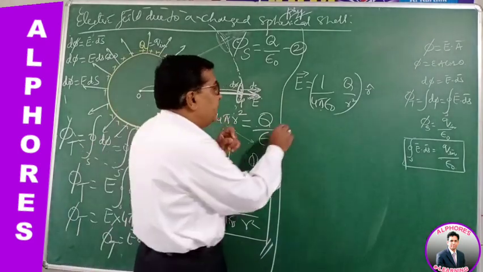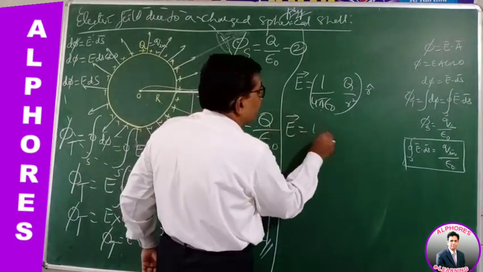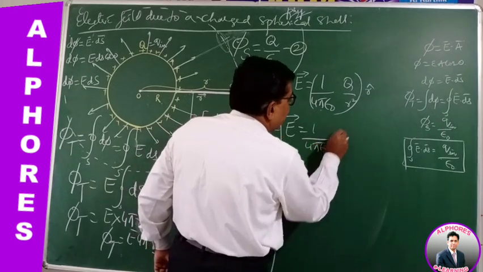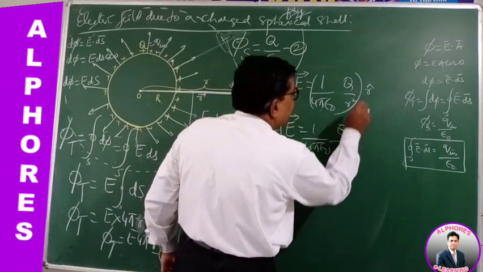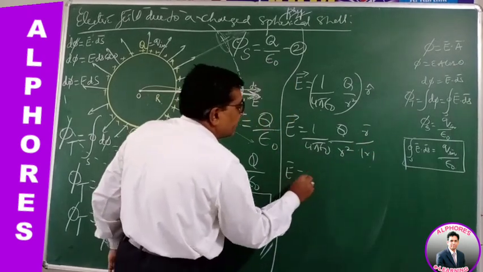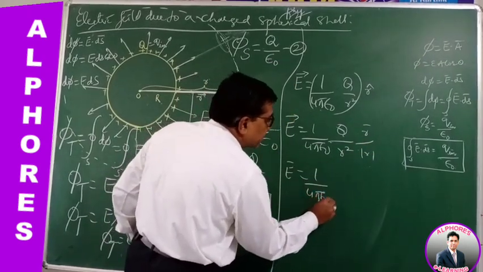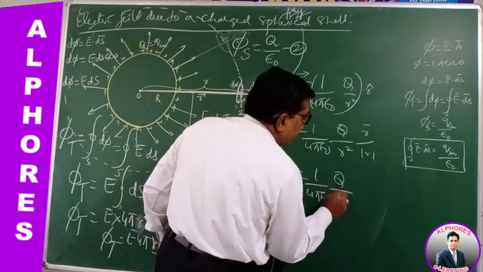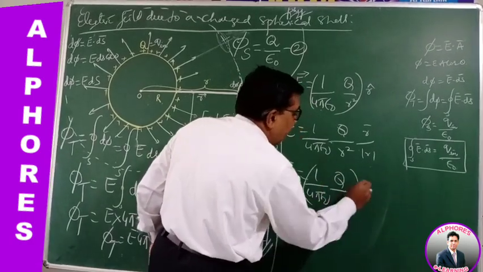So E bar is equal to 1 by 4 pi epsilon naught Q by r square times r cap, and r cap I can write as r bar by mod r. So E bar is equal to 1 by 4 pi epsilon naught Q by r cube times r bar.